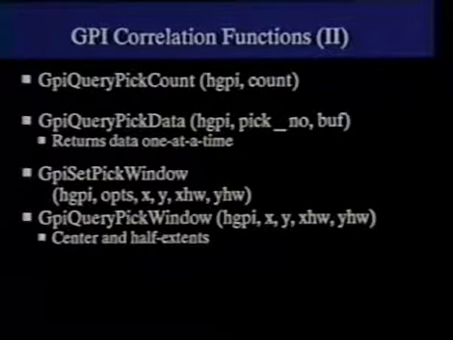I mentioned that you can set the pick window, and you can find out what it is. Notice that this is not a rectangle, but rather a center and half extents to really emphasize that it's an aperture, which is what's being looked at here. These constructs are very complicated. They are in support of a fairly advanced functionality, and it is the only form of input that GPI does.